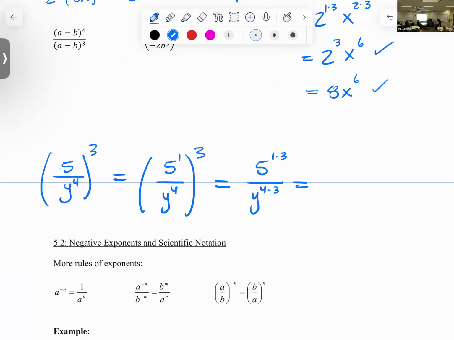And so 5 to the 1 times 3 is just 5 to the 3rd. And then y to the 12th. And again, that's perfectly fine to leave it right there.